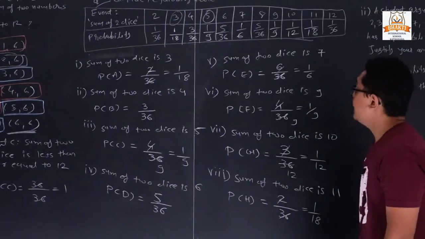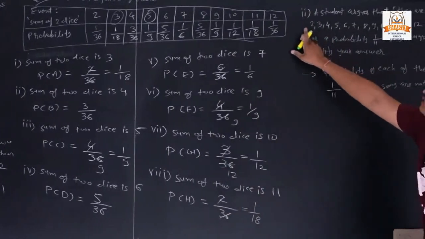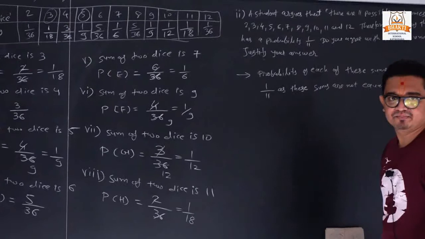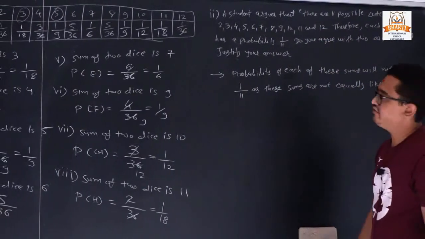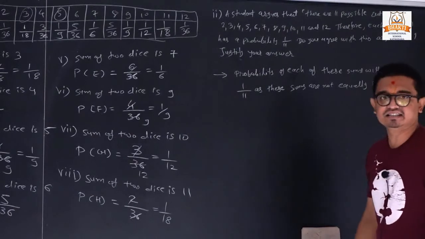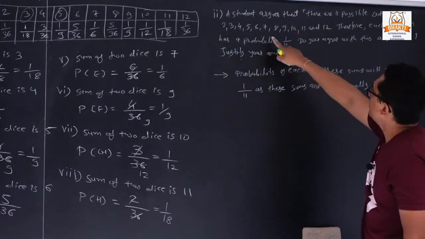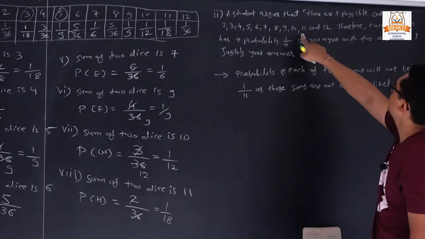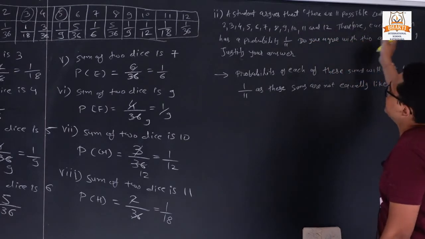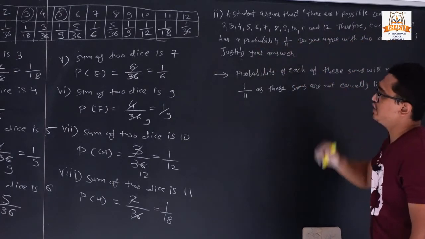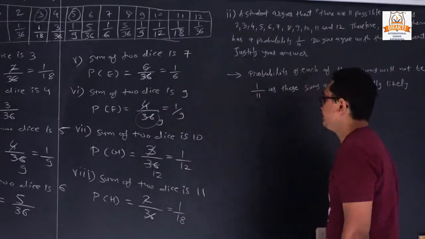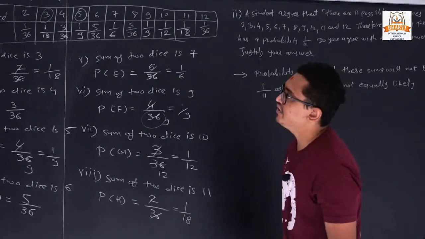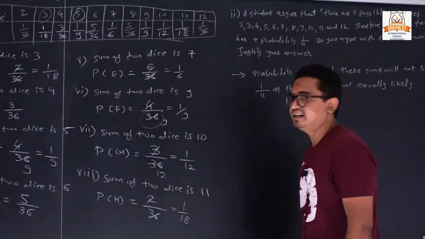Now they are also asking in the second part, a student argues that there are 11 possible outcomes. So how can you tell that there are 36 outcomes? The possible outcomes are given from 2 to 12, so therefore each of them has the probability of 1 upon 11. So how can you write 6? Now see that we have 2 dice, one is blue and the second is grey.